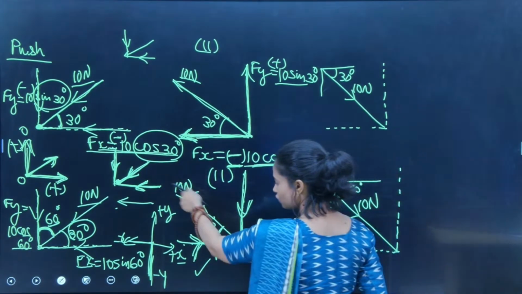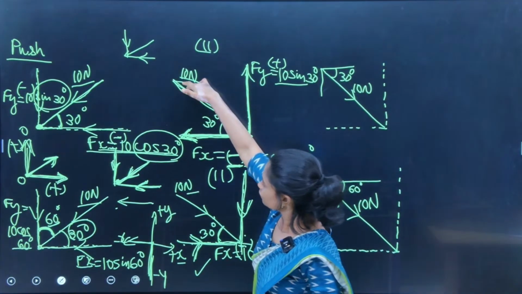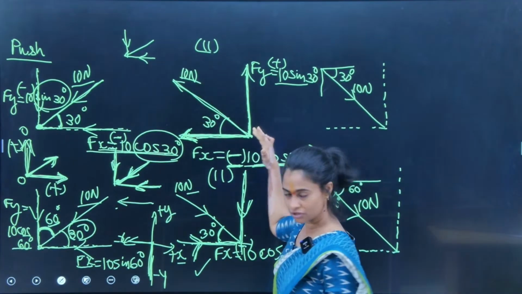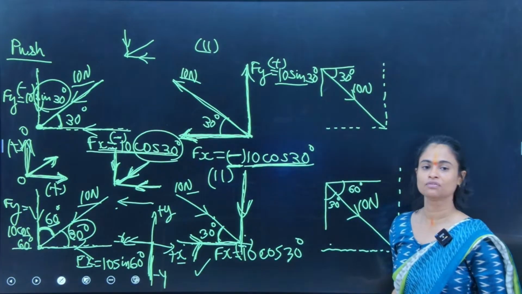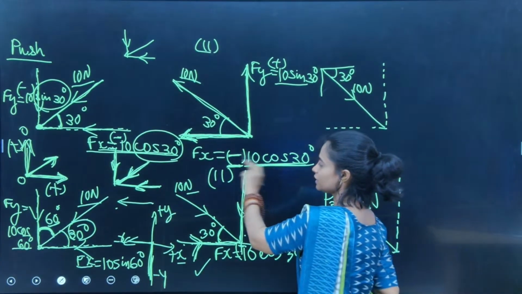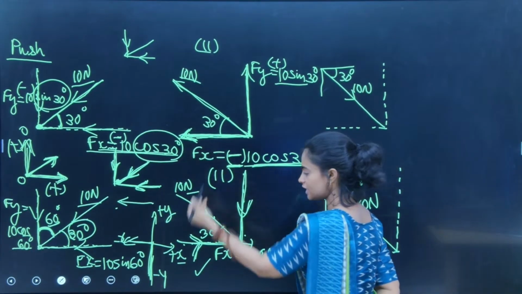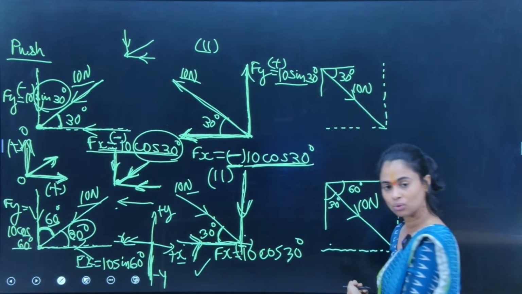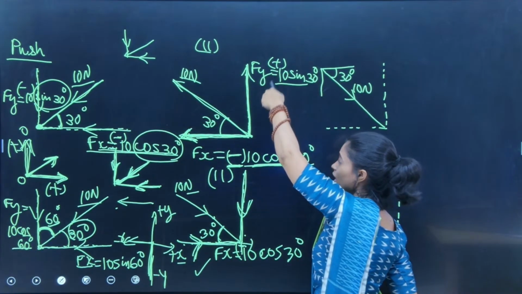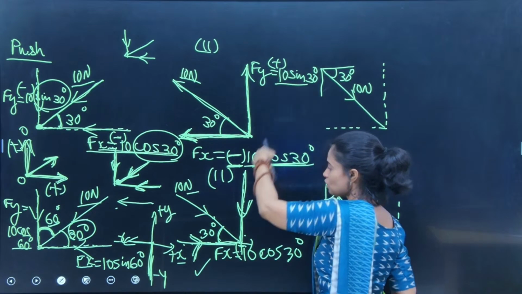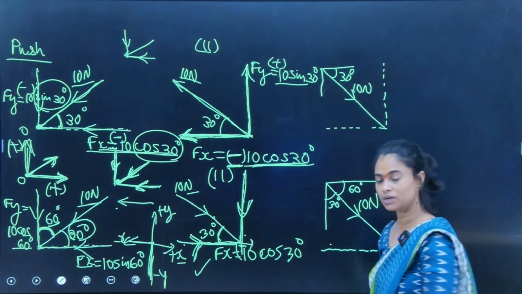Since the direction of the inclined force is reversed, the component's direction will also be reverse. Previously Fx was going leftwards, that means in this case Fx will go rightwards. In the first case, Fy is going upwards, so Fy will go downwards in the second case.